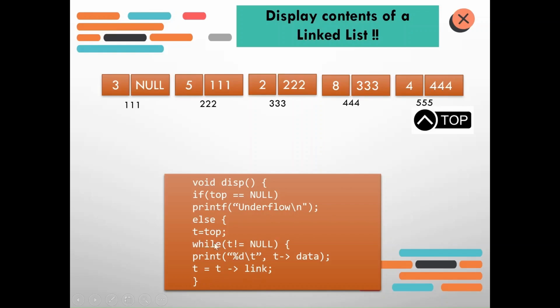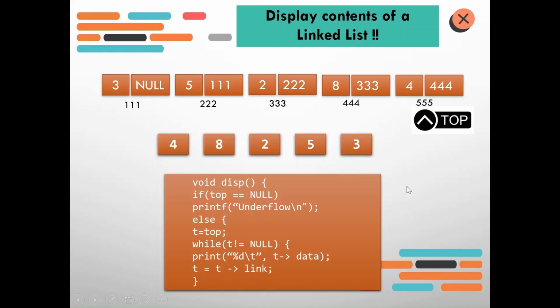And if we go again to the while loop, it would now be printing t arrow data, which is 444 arrow data, the data part of this 444, which would be 8, right? So that is what is being shown here. First we will have the 4 as data displayed, then 8, then 2, and then 5.